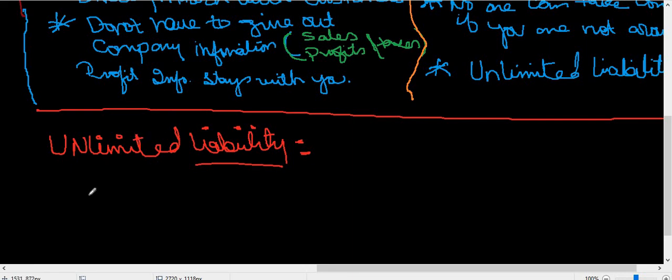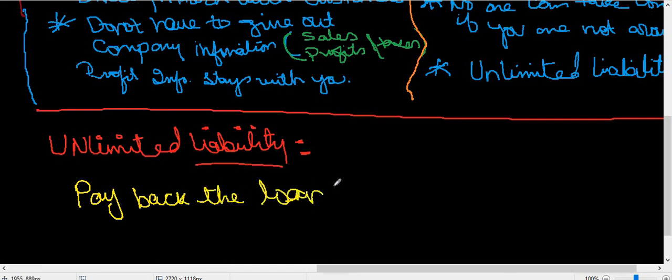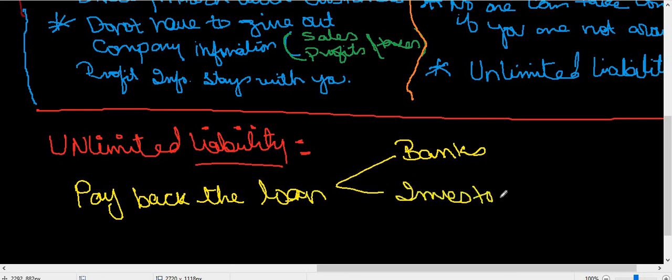Now you have to pay back the loan you have taken from banks, from maybe investors, friends or family who said, all right, I'll invest, or you have taken a few resources on credit for your business.